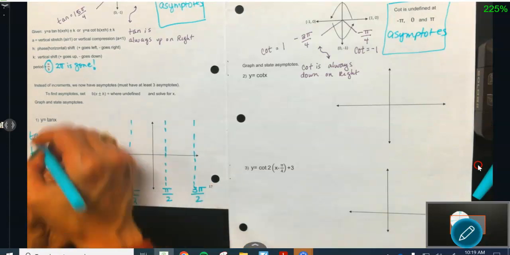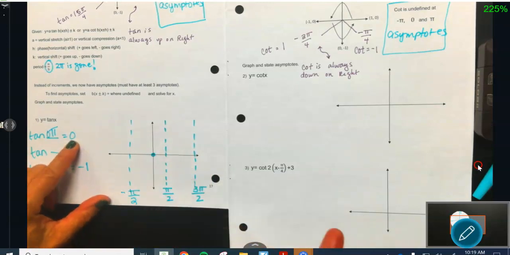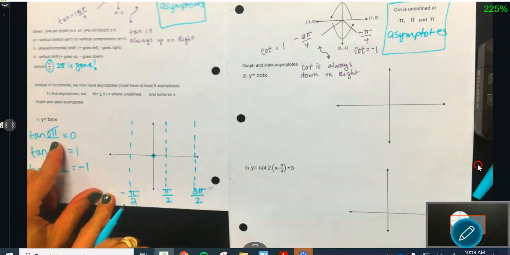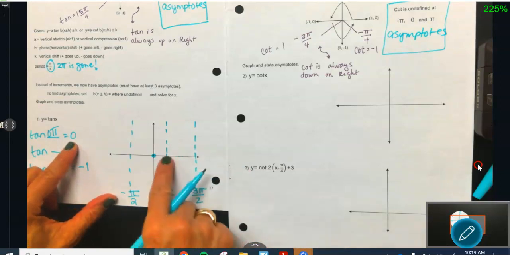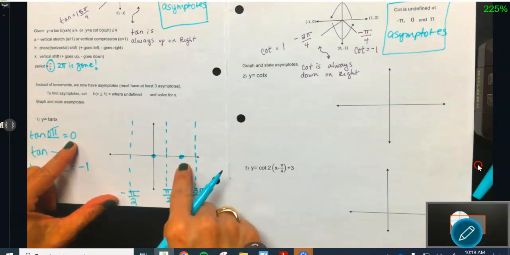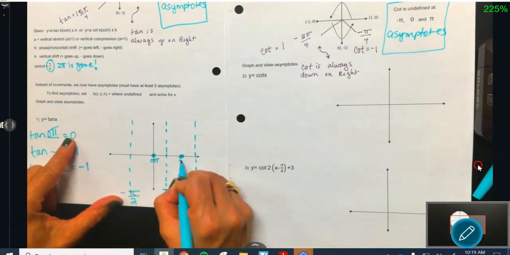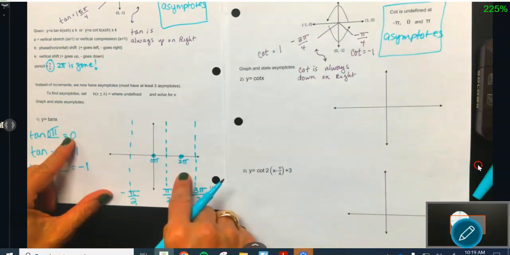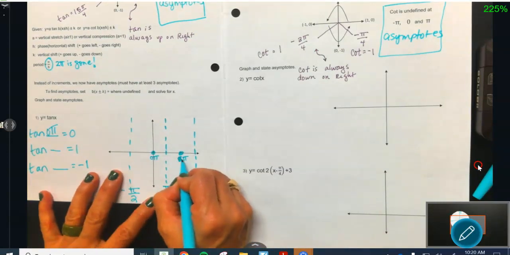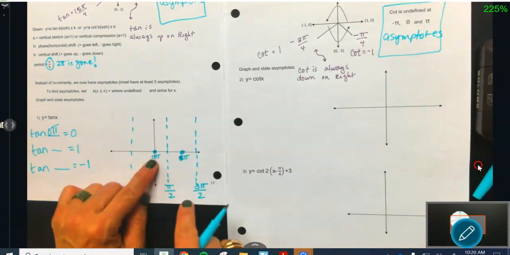So look, input, output, that's the origin. And then if you go all the way back around the circle, remember, it is also going to cross at the whole number of 2 pi. All your whole numbers is where tangent equals 0. That's just pi. Sorry, guys. That's the left and the right.